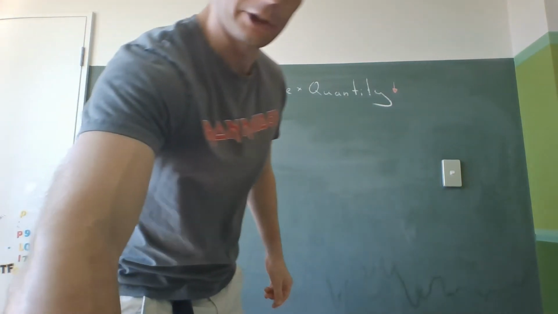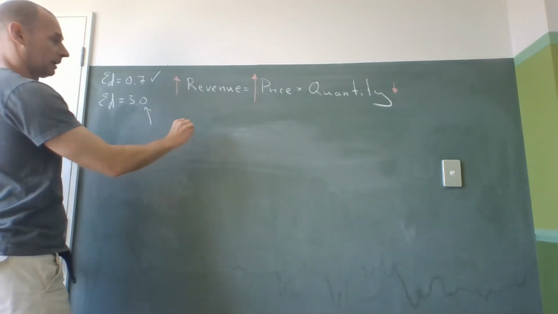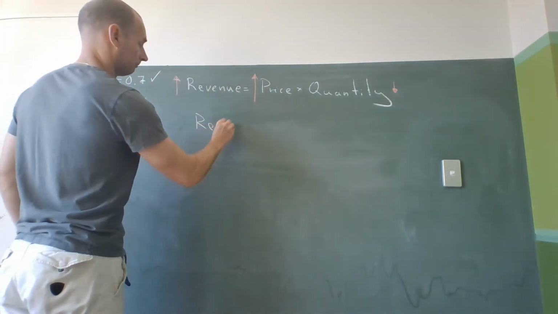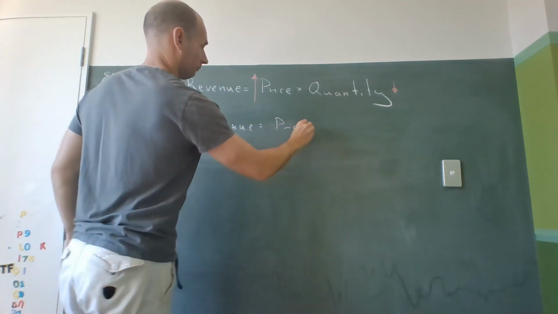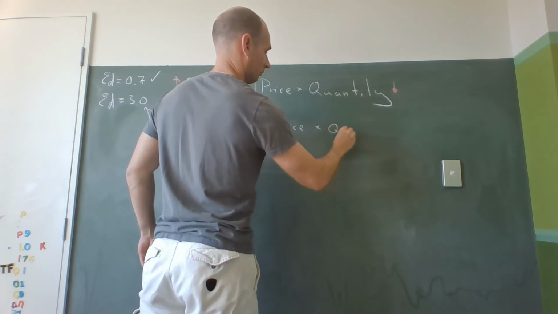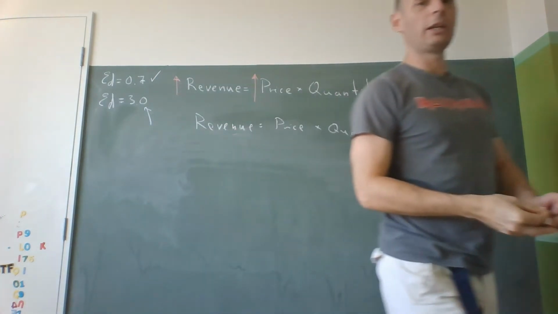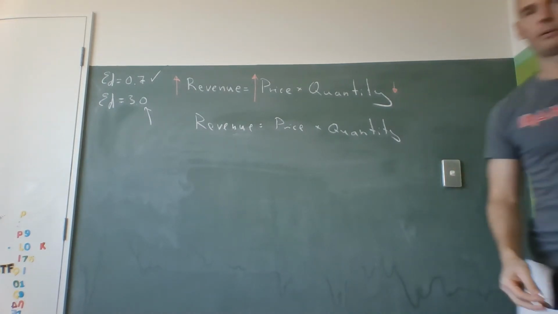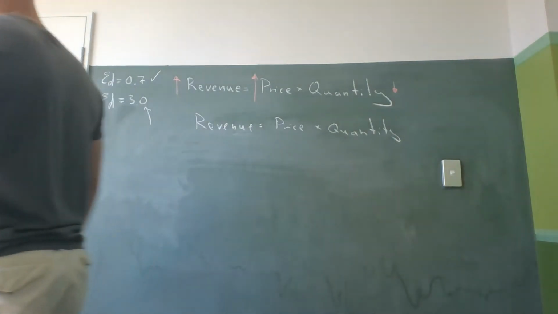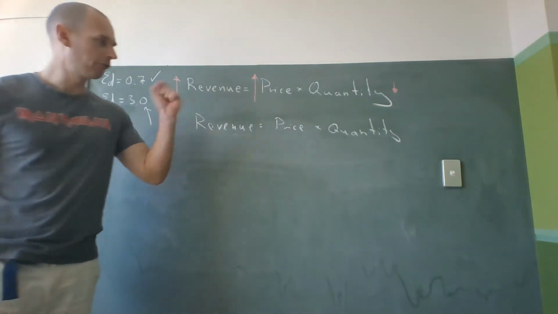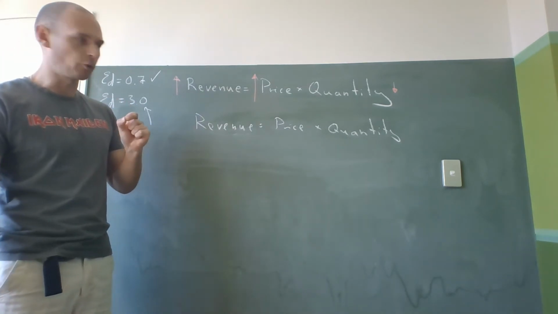All right, so let's talk about the other scenario. Let's say that we are here. Again, my revenue, again, price times quantity. Again, when one goes up, another one goes down. So now I know that my demand is very, very elastic. It's very responsive, 3 times as responsive as my change in price.